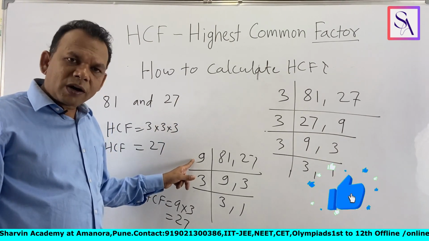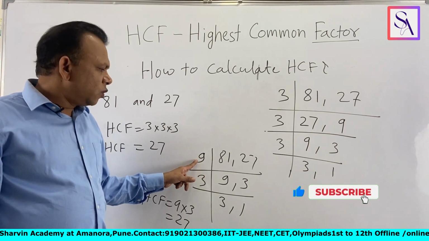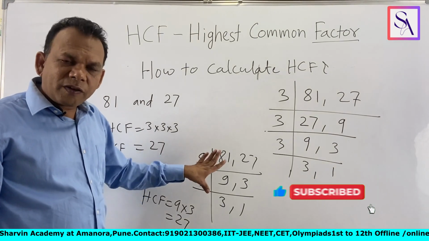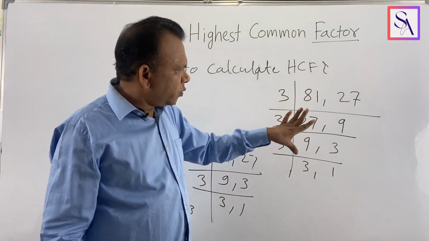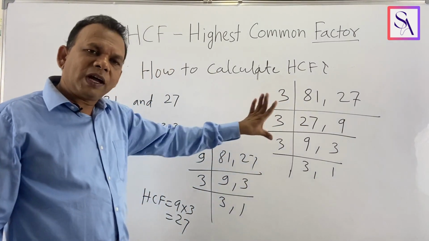So 9 is not a prime factor, but you can get the HCF from this method as well. You can use this, you can use this, right? Both are correct methods.